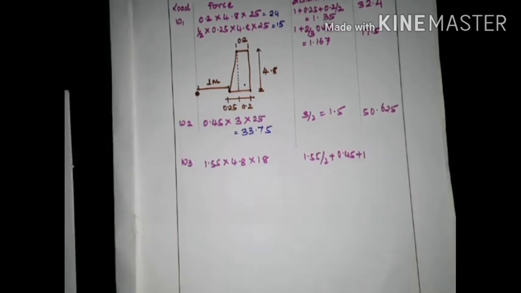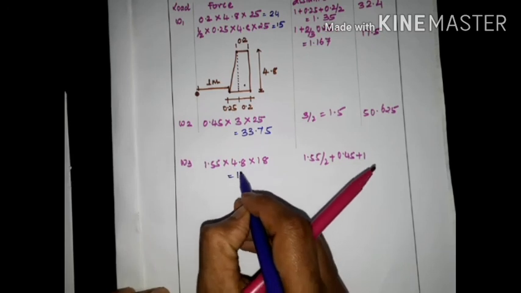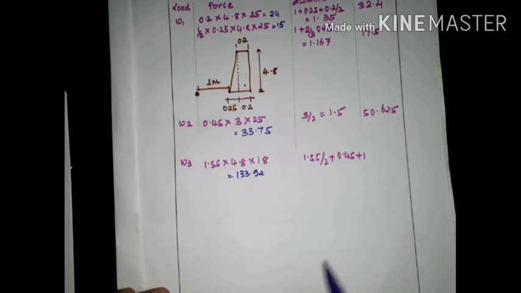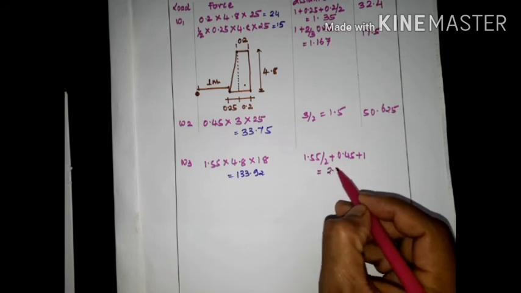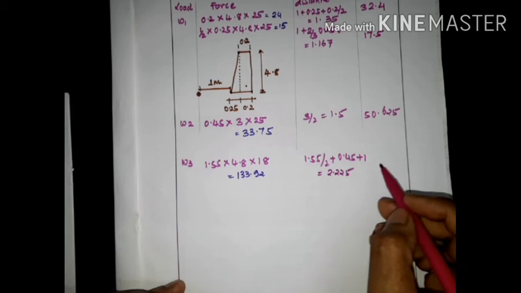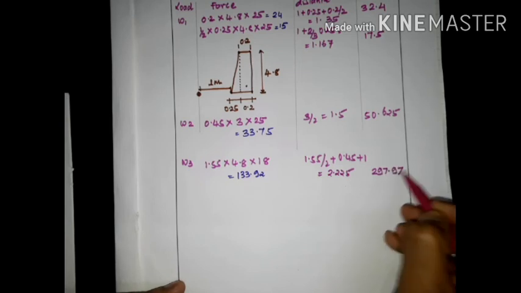So the intensity of this we got as 133.92, and the distance we got as 2.225, and the moment we got as 297.97.